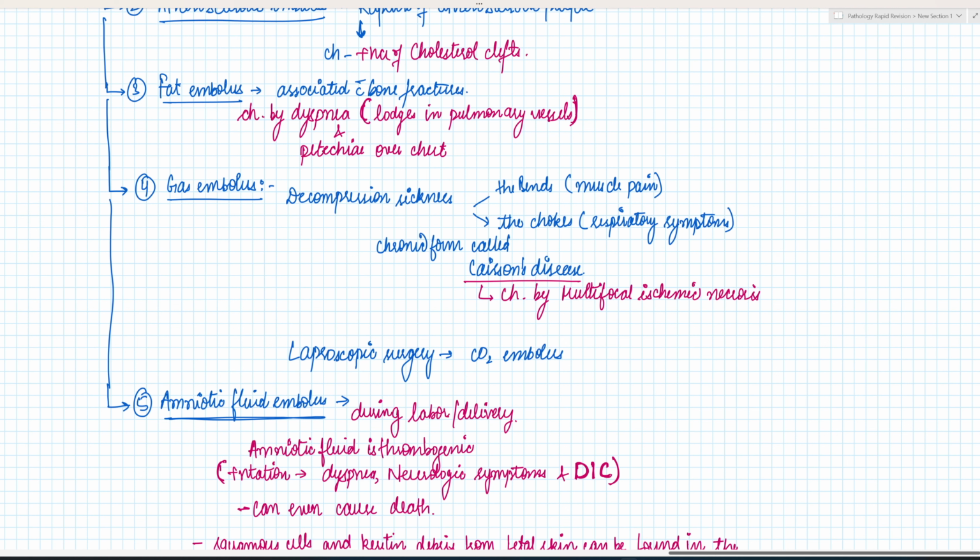It is experienced by divers, and the idea here is that when divers go downstream, they experience an increase in pressure as they descend further.